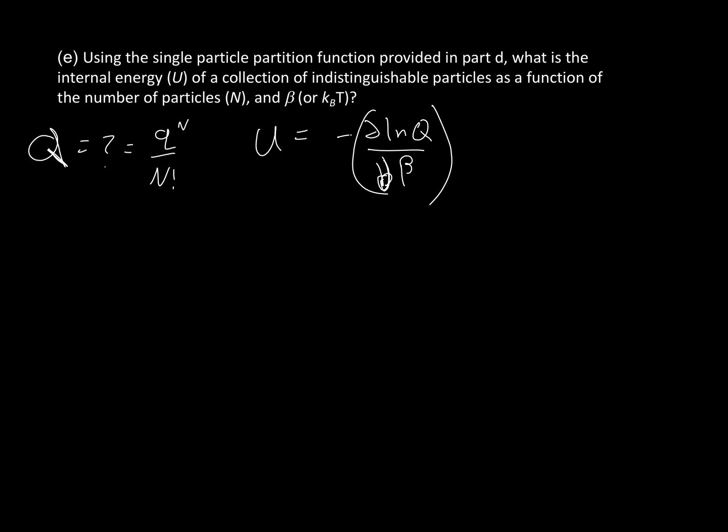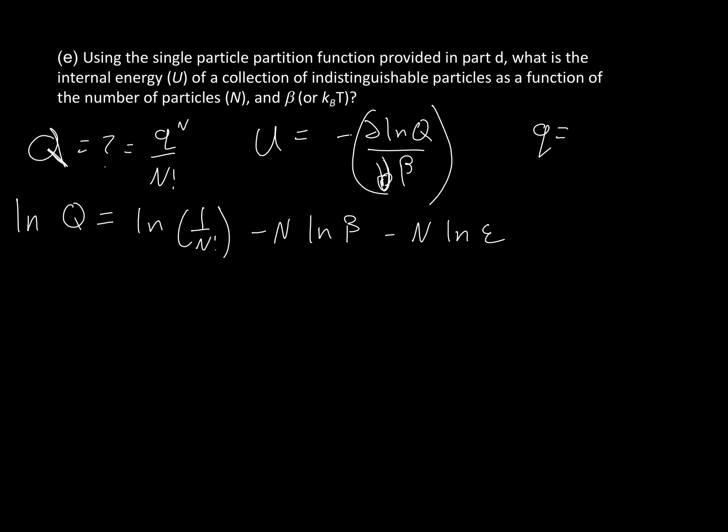So if we take what we have from the previous problem, the natural log of the partition function is going to be equal to the natural log of our partition function that we came up with, 1 over beta epsilon, which is equal to beta epsilon to the minus 1 power.